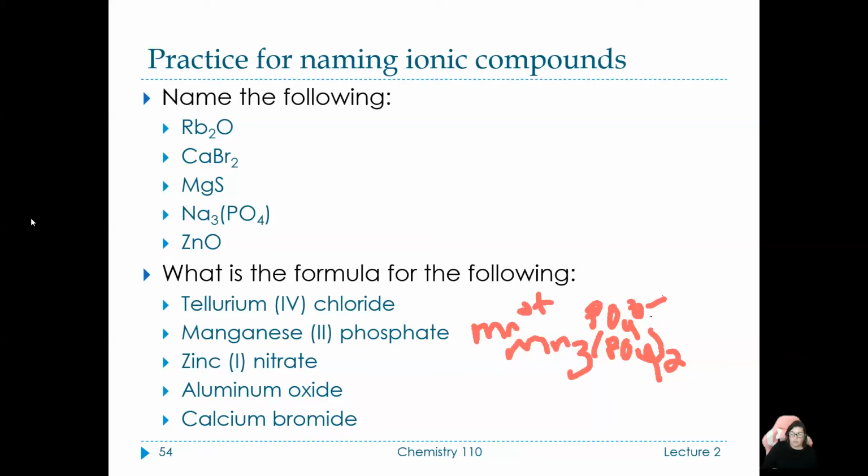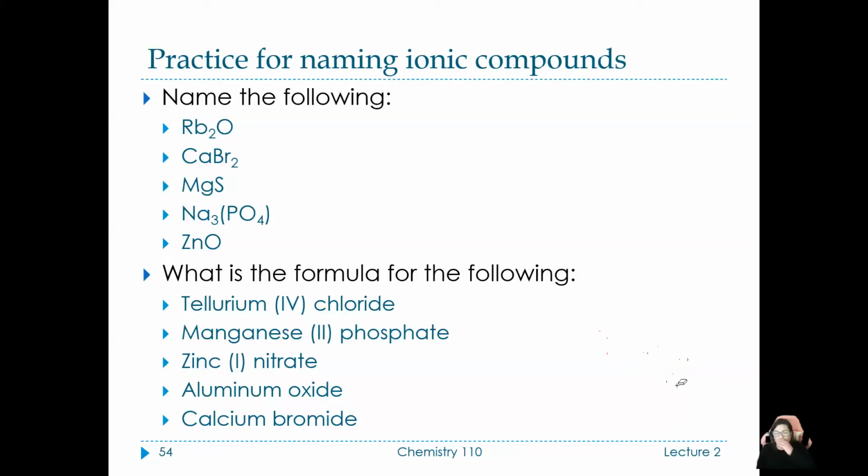Zinc(I) nitrate is going to be Zn+. Nitrate is NO3-. So that's ZnNO3. Same charge, so we only have 1 each. Aluminum oxide. Well, aluminum is one of those along the stair step. We saw it before. Aluminum typically has a charge of 3+.